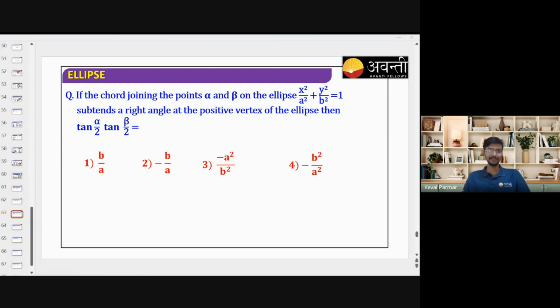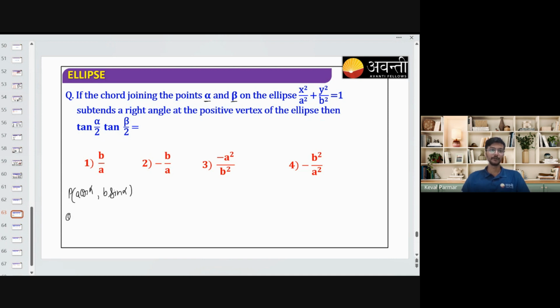Chord joining the points subtends a right angle at the positive vertex of the ellipse. The eccentric angle is alpha for one of the points and beta for the other. So we can assume the point P as A cos alpha, comma, B sin alpha.